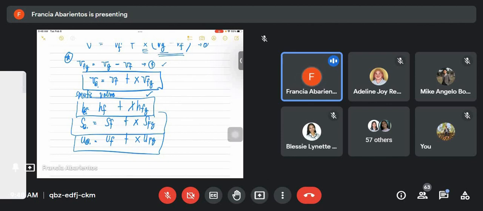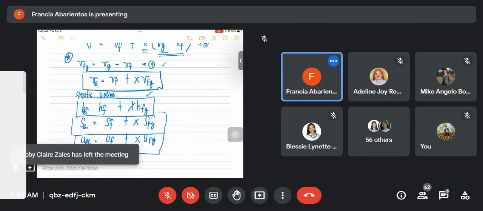Okay. So, para ma-practice tayo, I will teach you on how to interpolate first today. Interpolate first or find the quality. Okay.